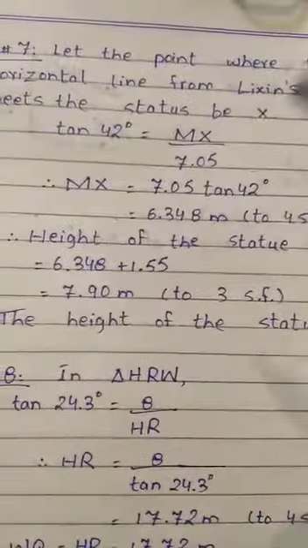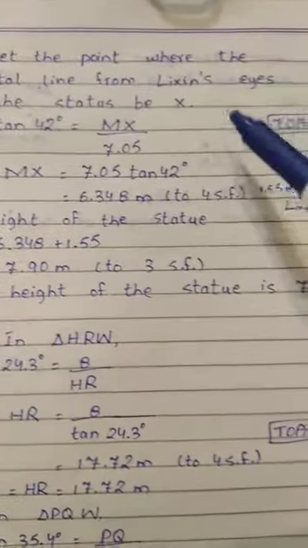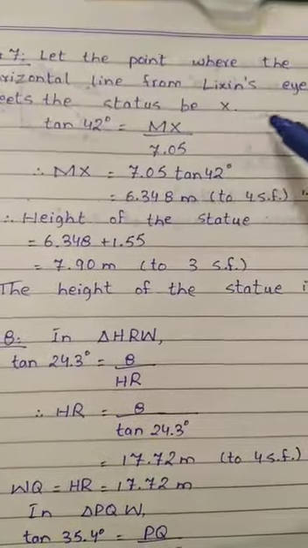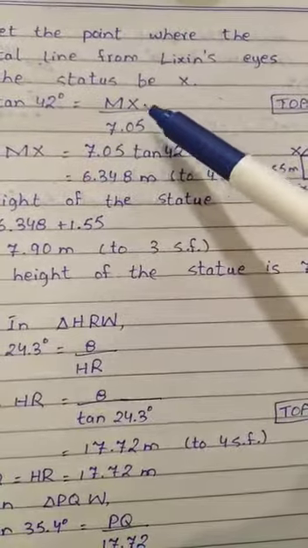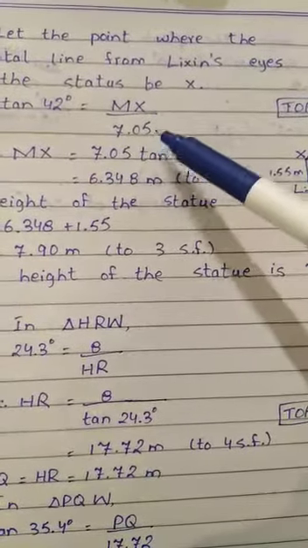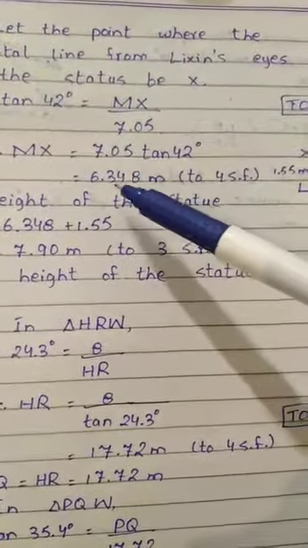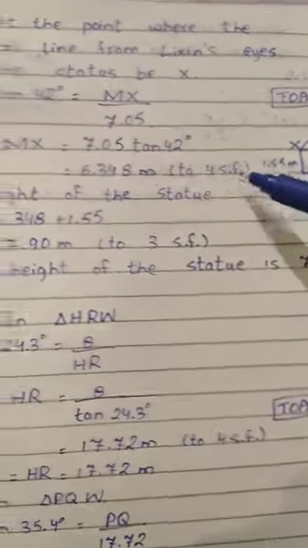We start at the point where the horizontal line from Lixin's eyes meets the statue, X. Then the equation becomes tan 42 equals opposite MX over 7.05 adjacent, and then we get MX length equal to 6.348 meters to 4 significant figures.